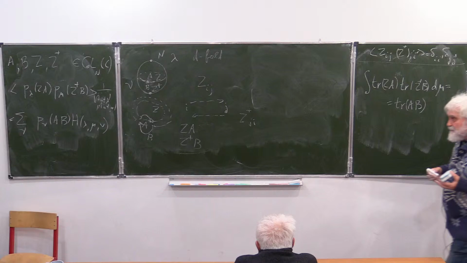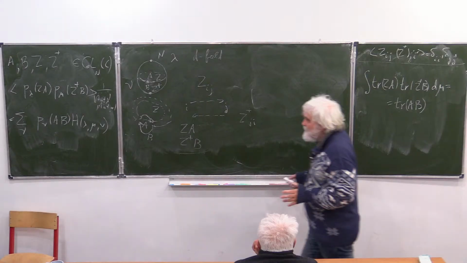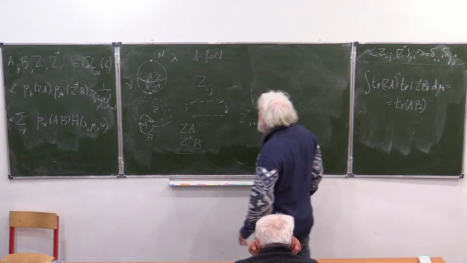And more generally, for many branch points, there is an analog with a product of more power sum variables.